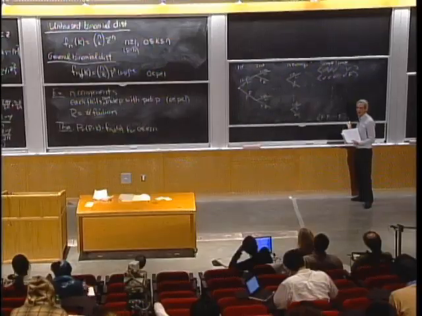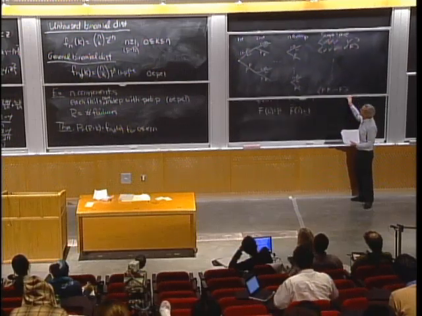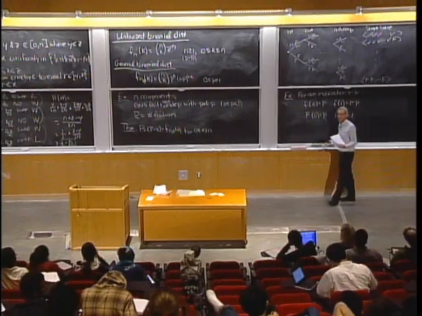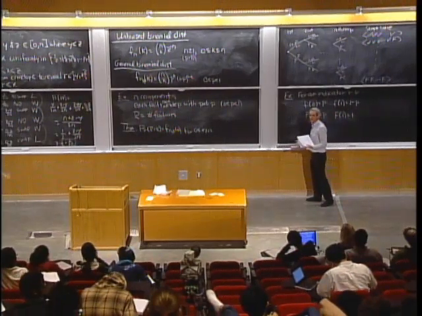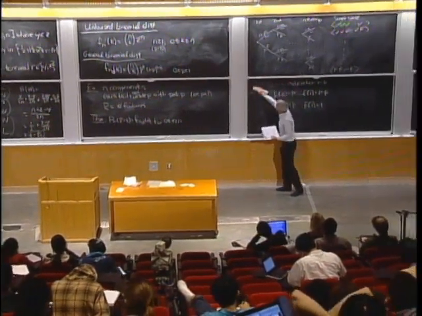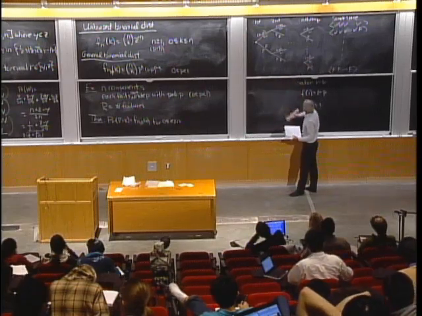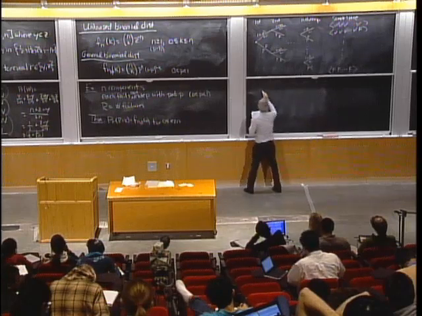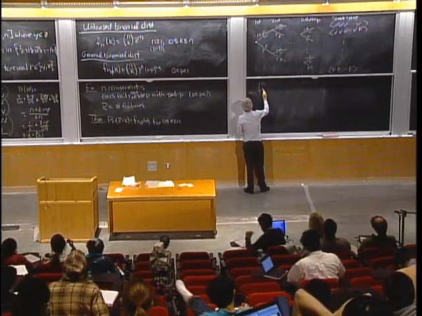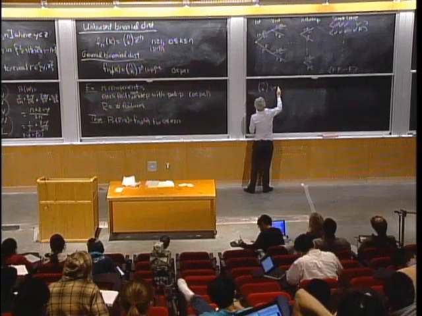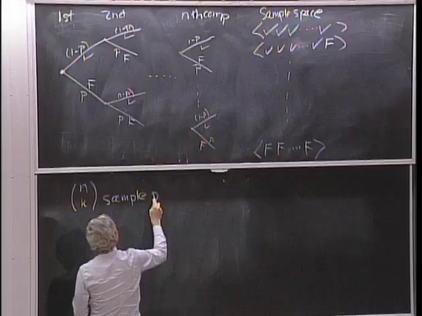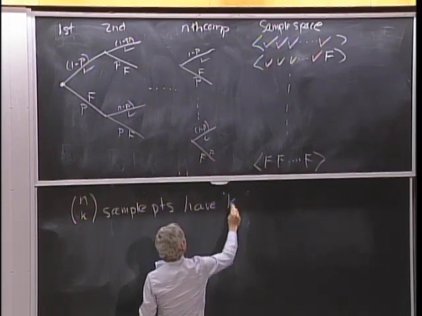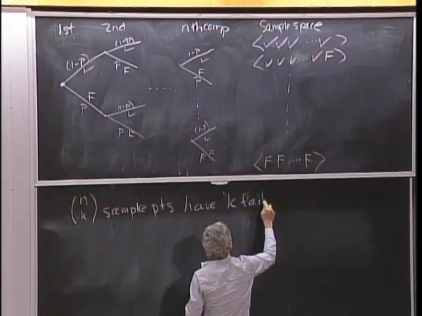Out of the 2 to the n, how many correspond to k of the components failed? N choose k. This goes back to counting. Remember the binomial coefficient. So there are n choose k sample points that have k failed components.